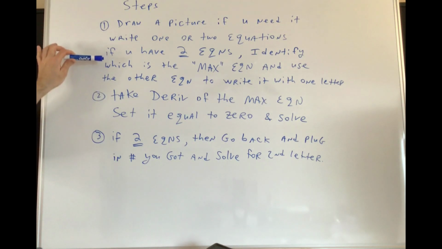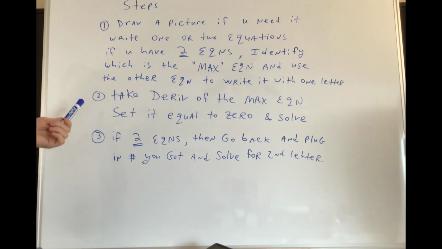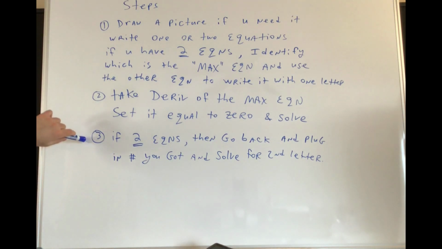If there's two, make sure that the max one has the same letter. Take the derivative, set equal to 0, get your critical number, which is the answer in this case. And then if you need a second letter, you go back and you plug it in. This step is not necessary if you only had one equation. That would have been your max equation, and you just take the derivative of it, okay?